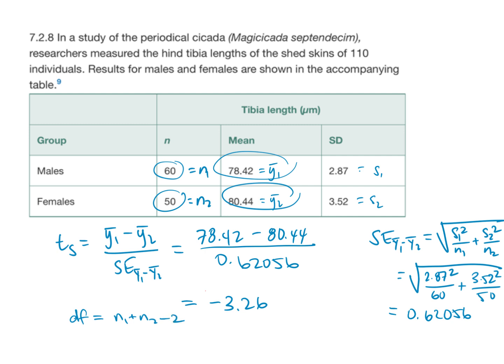So for this problem, it's 60 plus 50 minus 2, which is 108. And again, it's just an estimate. So when I go to the table, for that high number of degrees of freedom, I'm going to find that the closest degrees of freedom in the table is 100. And so that's okay to use. We're just using an estimate here.